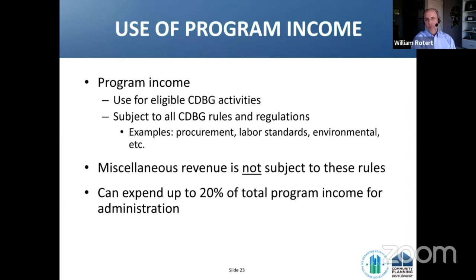So it's a much more flexible amount of money. And if you choose, you can spend up to 20% of your program income for general program and administrative costs. Next slide.